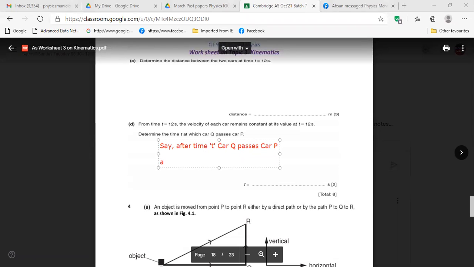And I am writing also that one. And by this time, car Q must go or must travel 84 meters more, right? Yes, sir.